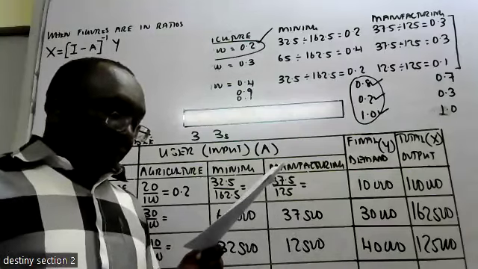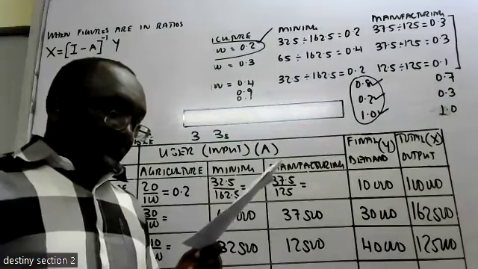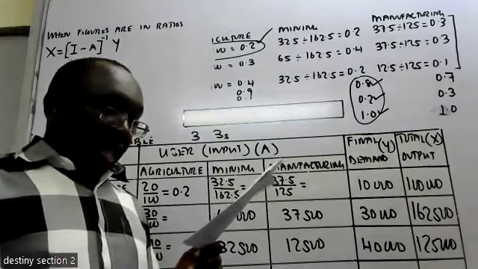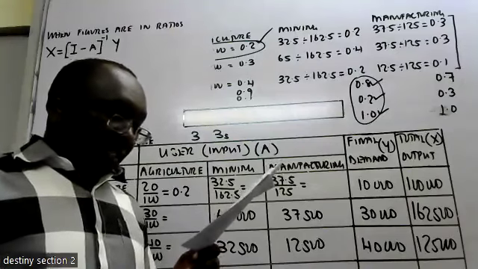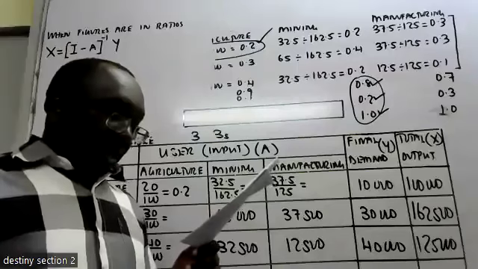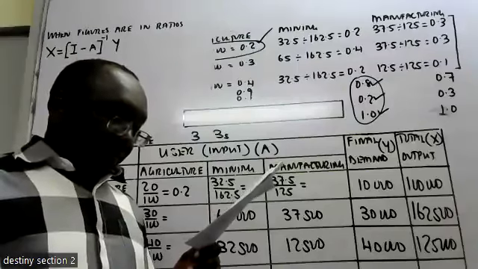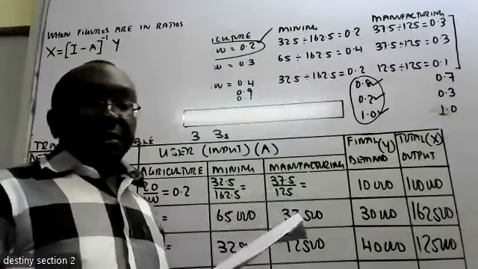So if we go back to the question, it says required: get the output level for each section if the final demand for agriculture increased by 1,000 and that of manufacturing falls by 500 and that of mining remains unchanged.